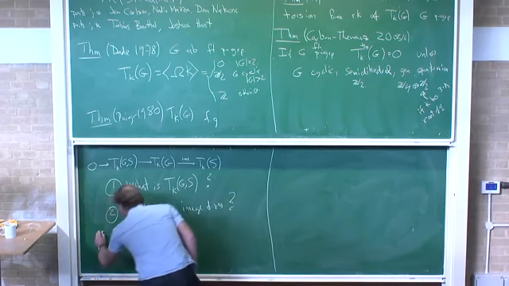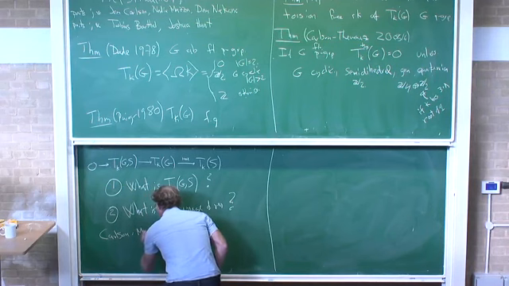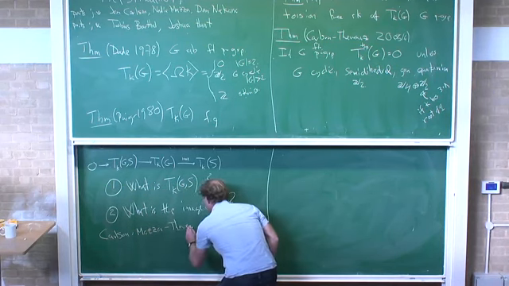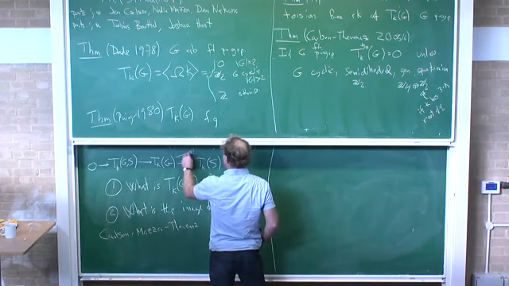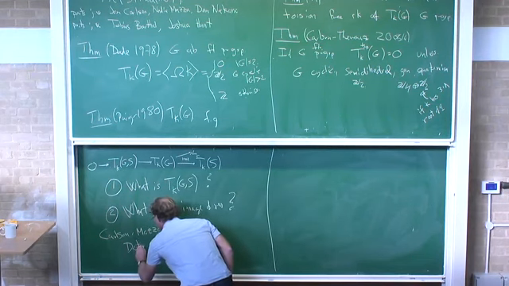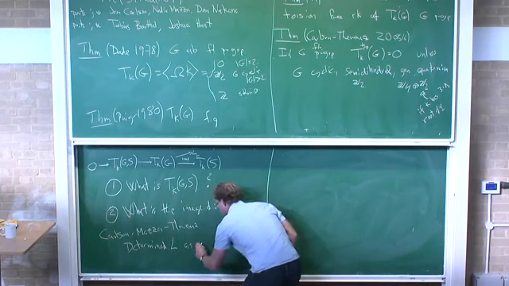So this is like Carlson, Mazza, Thévenaz. They determined, so this has some image, let's call that L, which is inside here. They determined L as an abstract group.